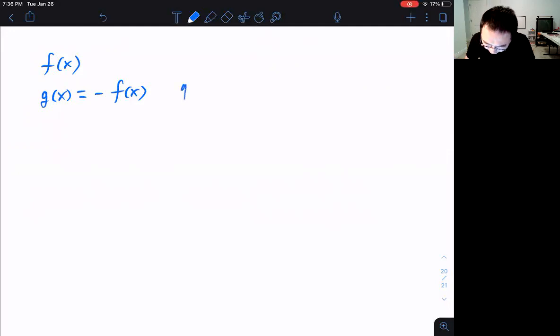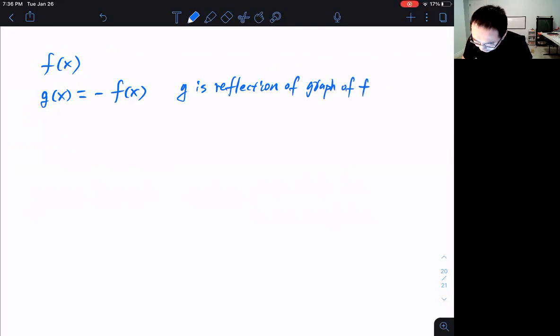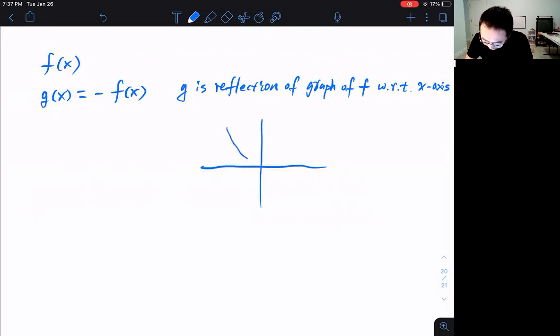Okay, so then g is the reflection of the graph of the function f, with respect to the x-axis, okay? So what that means is you take whatever f is, if f is like this, you flip it over, and then it becomes something, well, I can't do this with my hand very well. Never mind, forget it. I'll just draw it on here, okay? So if f of x, let's say, is this.